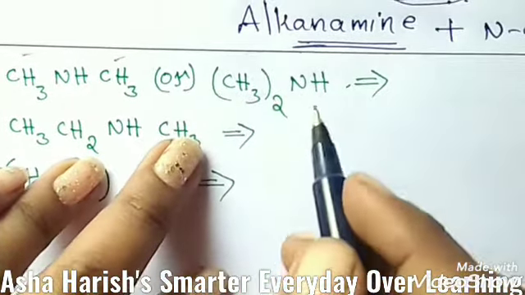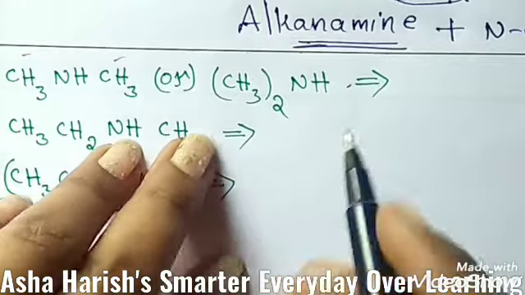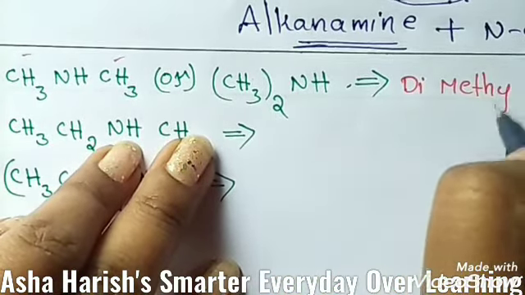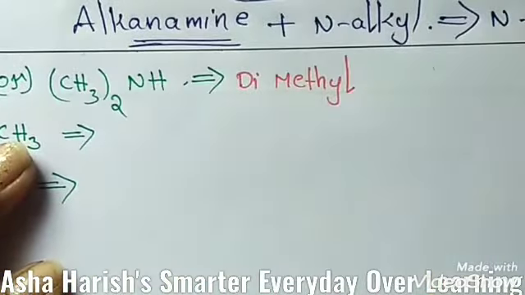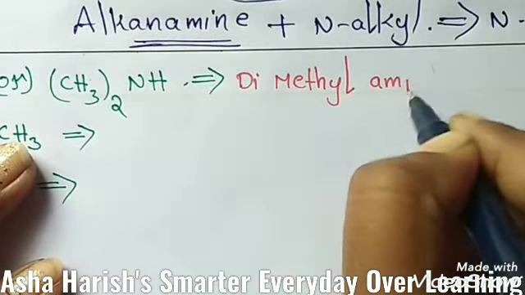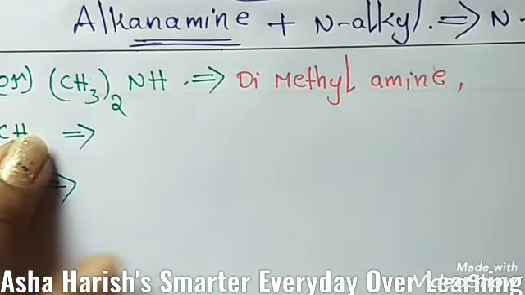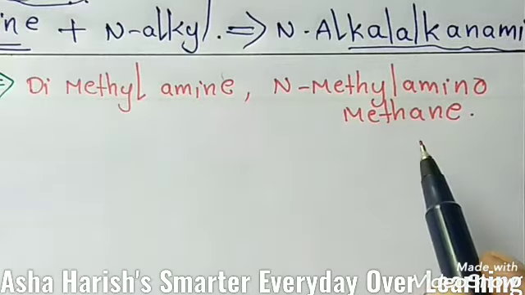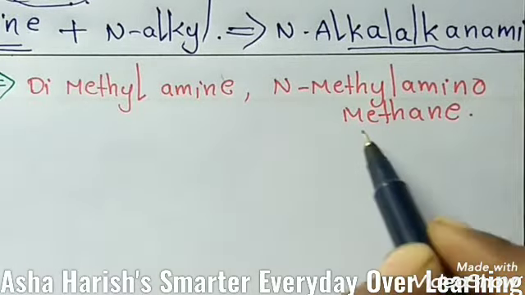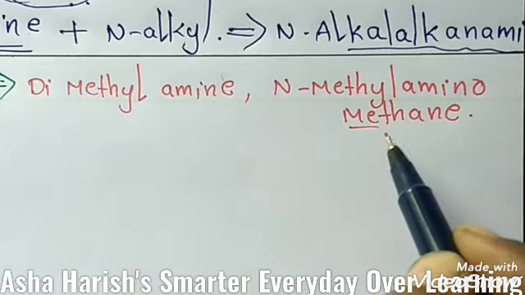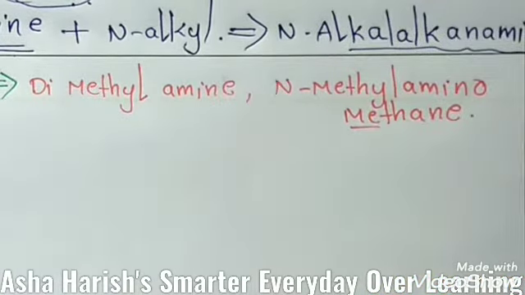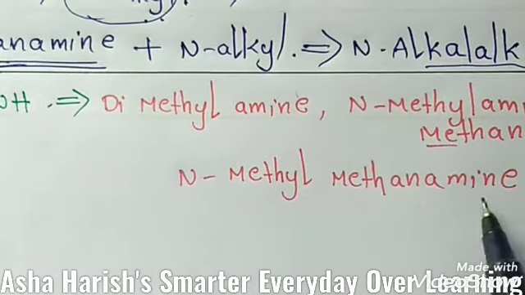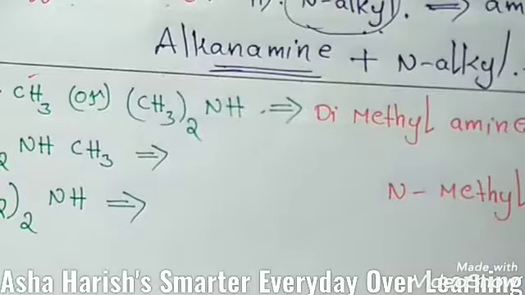These two are the same, and just by seeing the formula you can say the name: dimethyl amine, or N-methyl amino methane. Why? Because of one carbon atom, CH3, so dimethyl. And the IUPAC name for this is N-methyl methanamine, the IUPAC name for the first compound.